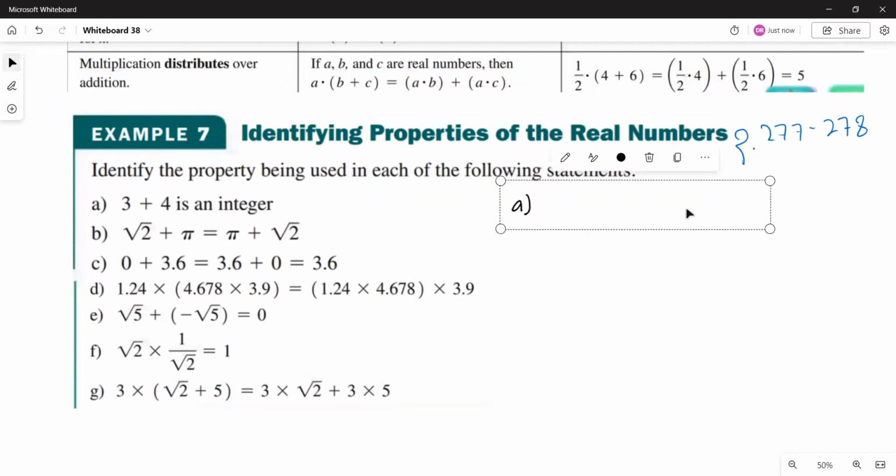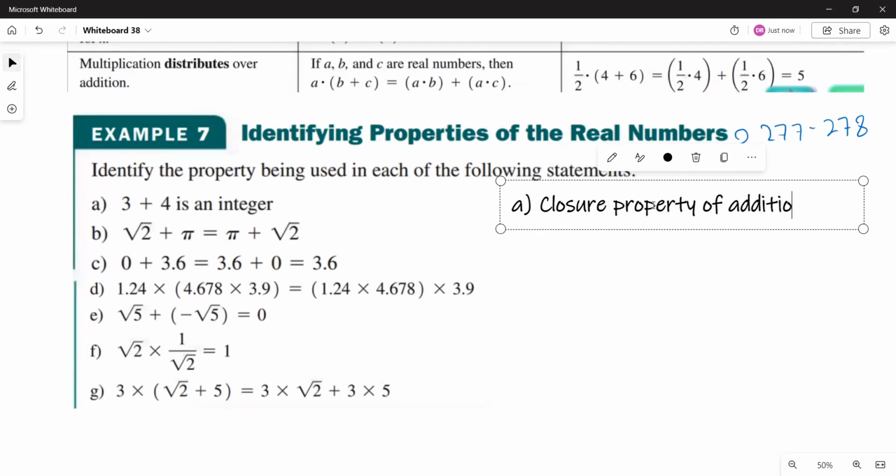Okay, so part A, 3 plus 4 is an integer. This is the closure property of addition. B, square root of 2 plus pi equals pi plus square root of 2. This is the commutative property of addition.